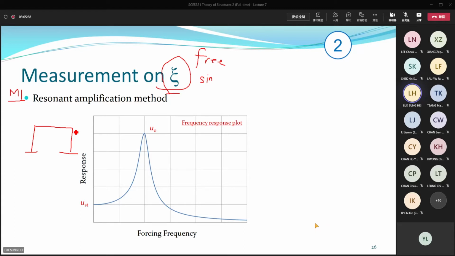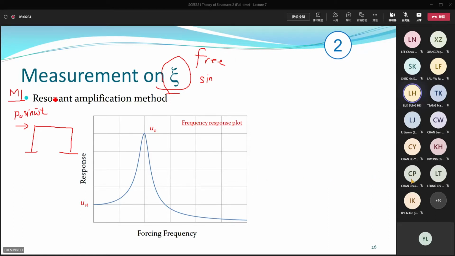Then what to do? Firstly, you try your best to excite the structure to undergo harmonic vibration using a sinusoidal force. How to apply a sinusoidal force? Maybe you can use the vibration generator that I discussed on the previous slide.